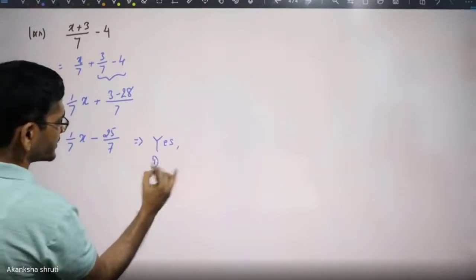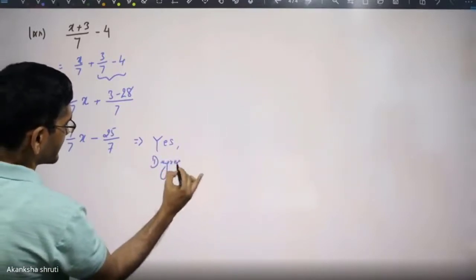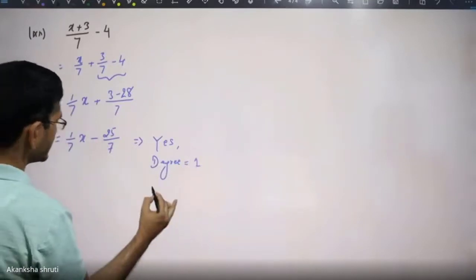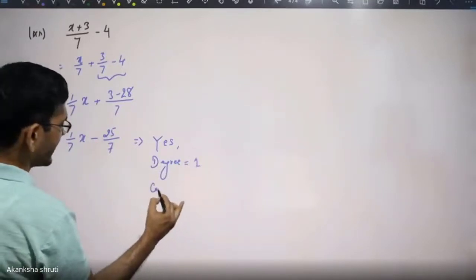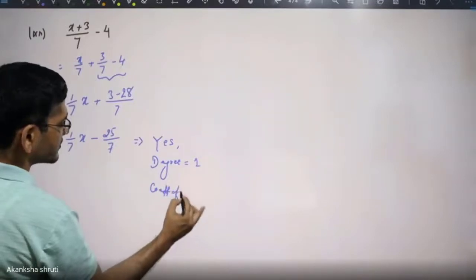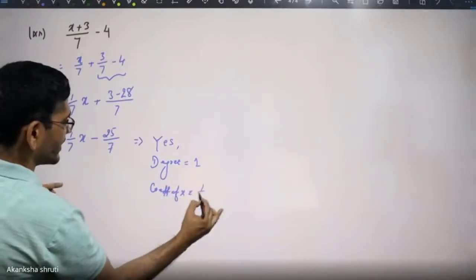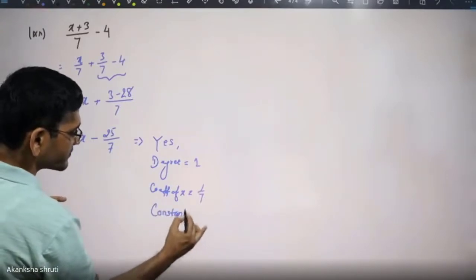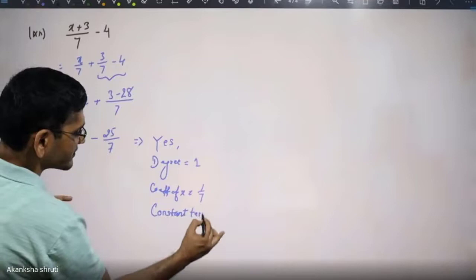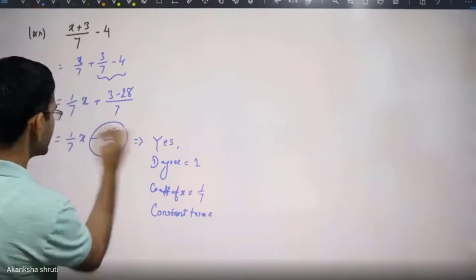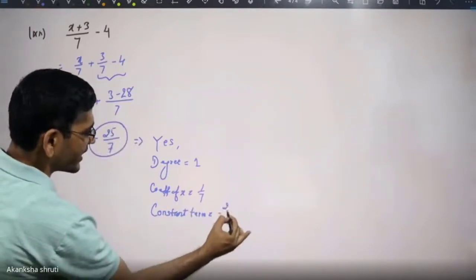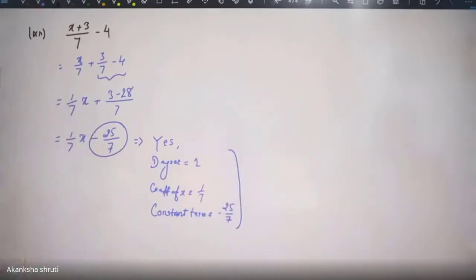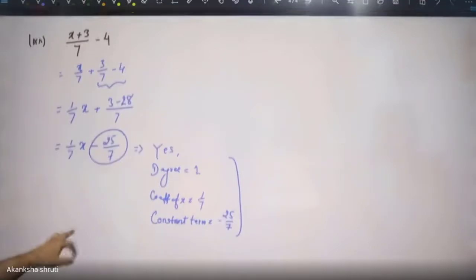The degree is x to the power 1, so 1 only. Coefficient of x is 1 by 7. Constant term: with this negative sign, we need to consider minus 25 by 7. Okay, student? It is this much simple. So be careful.